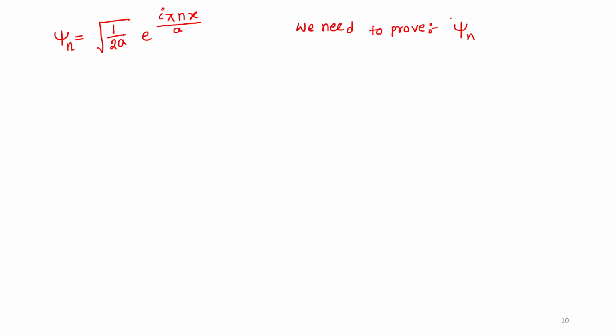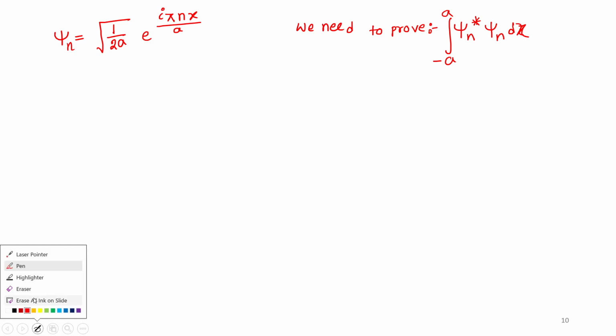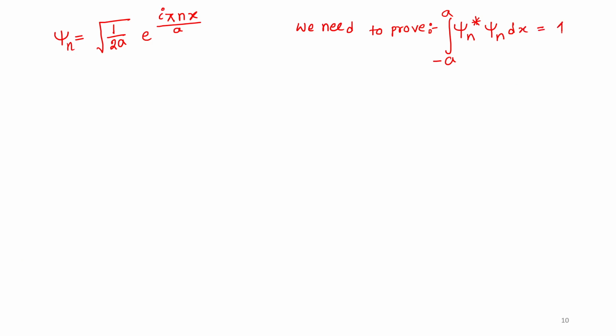That means the integral from minus a to a of psi n star psi n d tau, or suppose this is a one dimensional problem, so dx, is 1. If I prove this, then I will prove this is normalized, right?